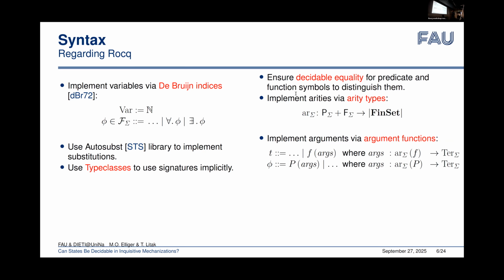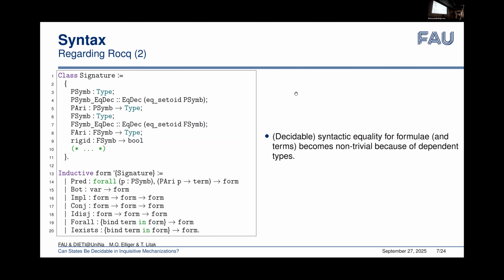And we insist on decidability. So in as much as things like predicates and function symbols are concerned, we can insist on decidable equality, and we implement arities with arity types, arguments for n-ary functions. And then our syntax is parametric in this notion of signature.